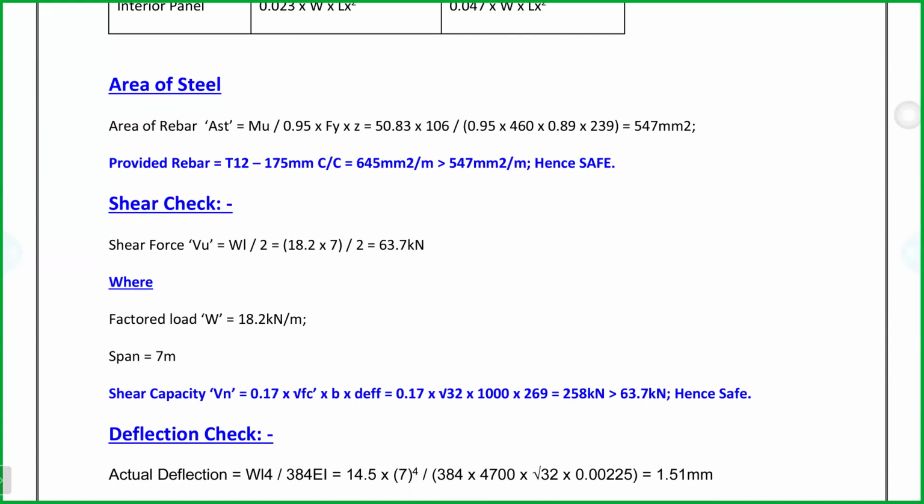Whatever the span of the slab, whatever the dimension of the building, if it is more than 10, 12, 20, 30, 40, doesn't matter, we are going to design per meter width. You get my point? Because for walls and slabs, the design is based on per meter width. Other than that, we directly focus on the element shape.